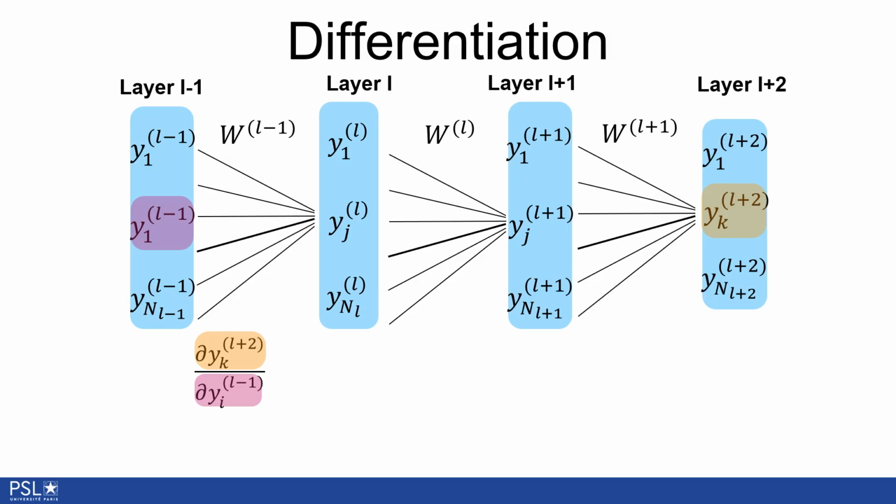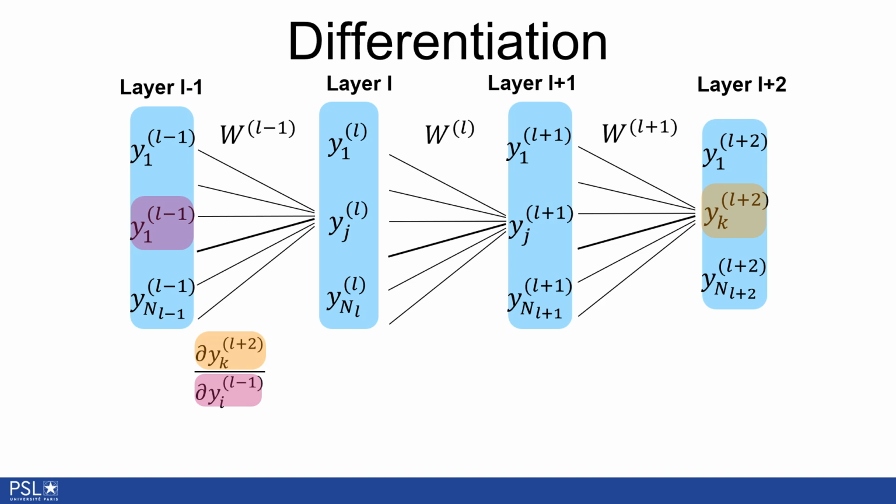Let's illustrate this property for an example network consisting of 4 layers. Imagine we want to understand how much changing the activity of neuron I in layer L-1 changes the activity of neuron K in layer L+2. For this, we want to differentiate YKL+2 with respect to YJL-1.